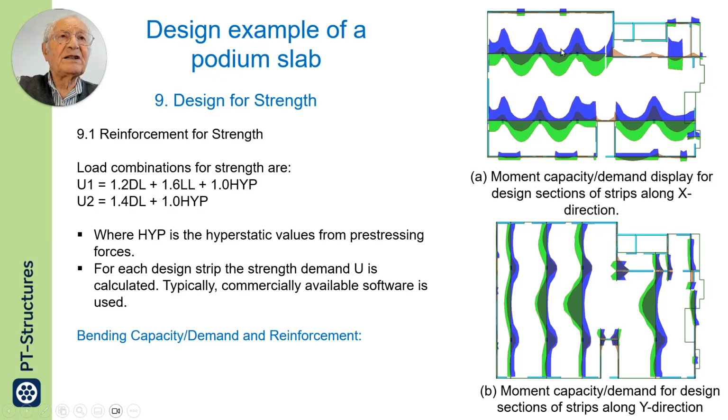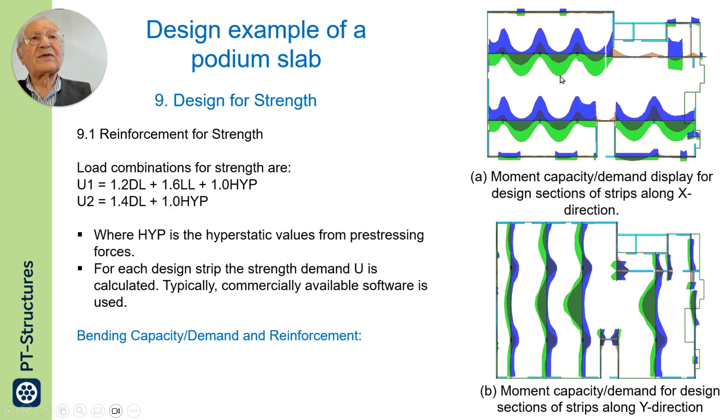The blue is the capacity based on previous work for the negative moment. The green is the capacity along here for positive moment. The black is the demand calculated in this example for this load combination. I want you to observe that the black region is well within the blue and green.